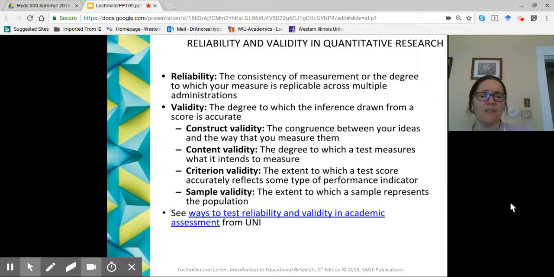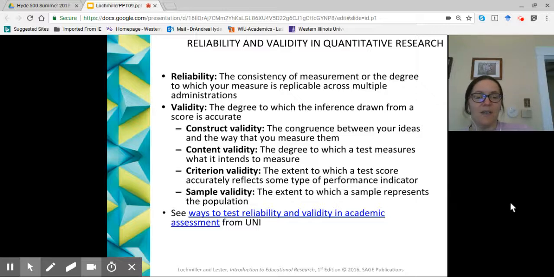So different kinds of validities of your test. Construct validity, so the congruence between your ideas and the way that you measure them. So, do these match? The content validity, the degree to which the test measures what it intends to measure. That's mostly what we think of when we use the term validity. Criterion validity, the extent to which a test score accurately reflects some type of performance indicator.